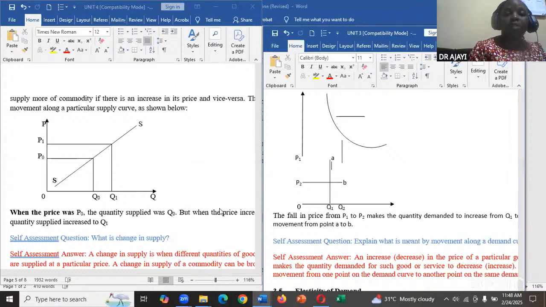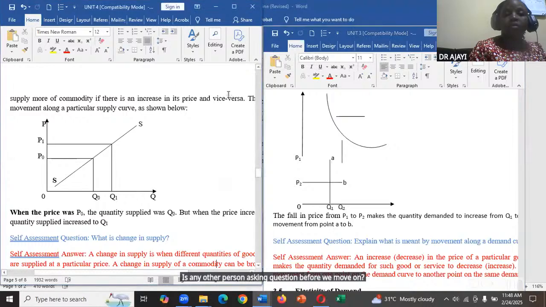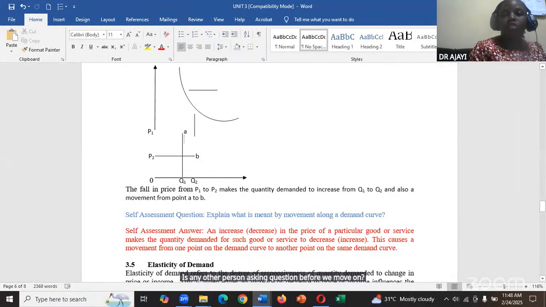Is any other person asking a question before we move on? All right, so let's quickly look at elasticity. Abidemi, you are still raising up your hand. You can ask.